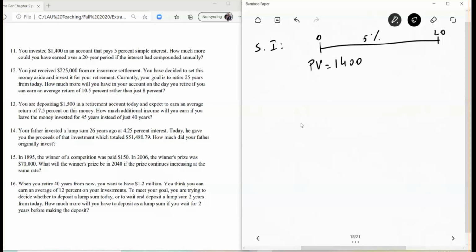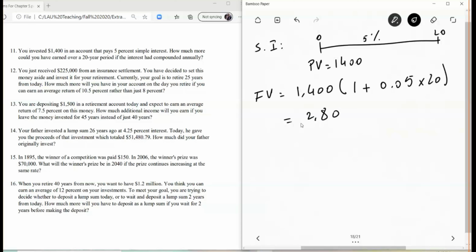Using the formula of simple interest, FV is equal to 1,400 times 1 plus R, 5% times 20. The answer here is $2,800. So using simple interest, your investment will double in value over a period of 20 years.